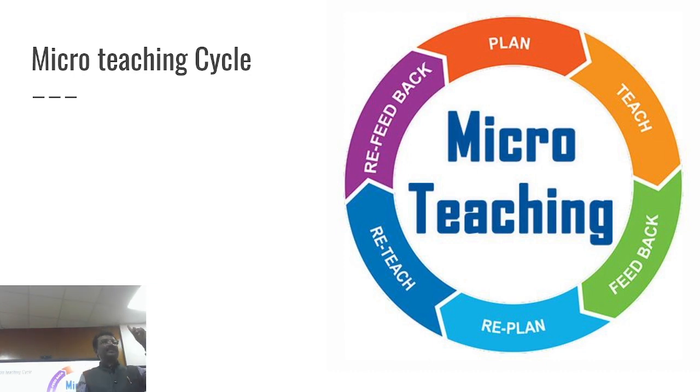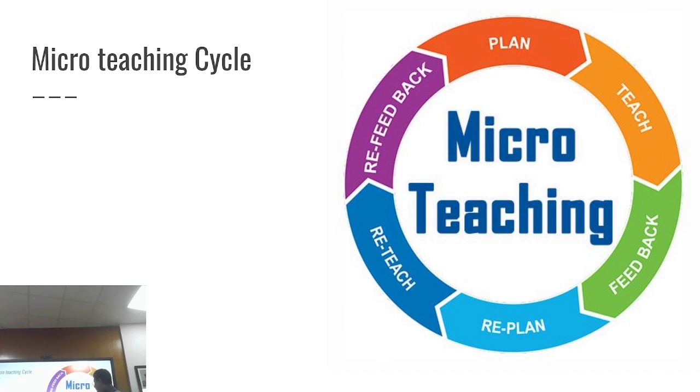I told you several skills, no? Each skill is practiced in a small group of 4 to 5 people, one teaching a small concept for 4 to 5 minutes. You plan, you prepare your lesson plan before coming, you teach for 5 minutes, then you get feedback. Whom you teach is not a school or classroom. You become students, one becomes teacher, and 4 or 5 sit as observers. You teach and you get feedback.